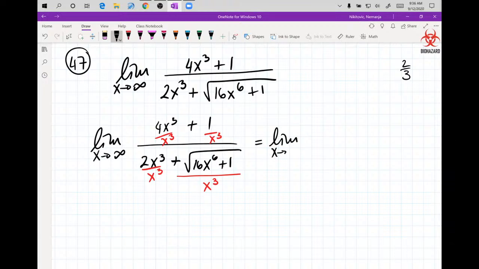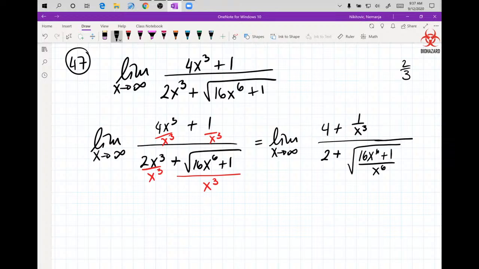Please remember to write the limit all the way, every step, until you get to the last step. So now I have this limit here, and I have 4 plus 1 over x cubed divided by 2 plus, and now when this x cubed goes into the square root, this is 16x to the 6 plus 1 divided by x to the 6.